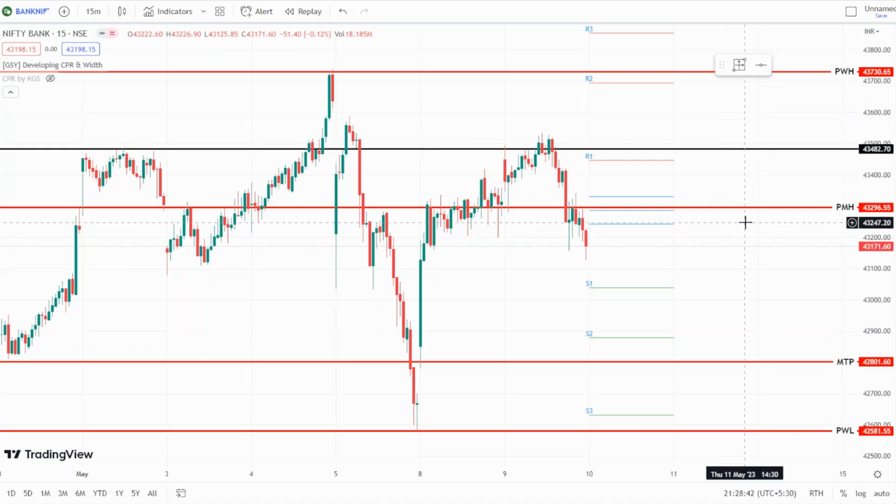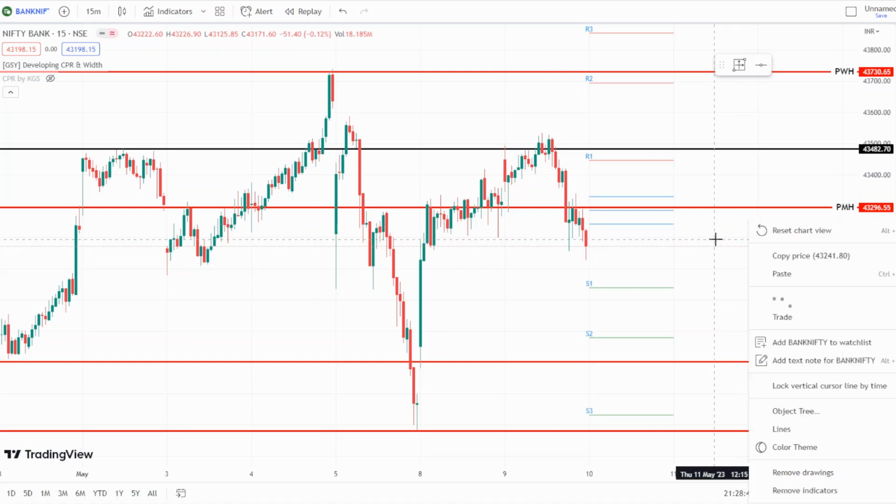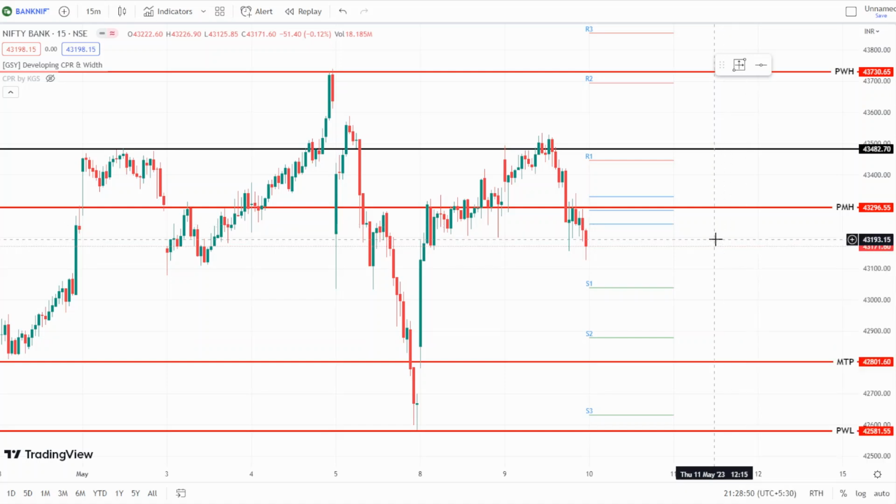But if the candles are sustaining below 43,250 or 43,200, you need to look out for short opportunities in Bank Nifty or trade in put options of Bank Nifty. But if the candles are coming towards the CPR from the top of the CPR, look out for put options as well.